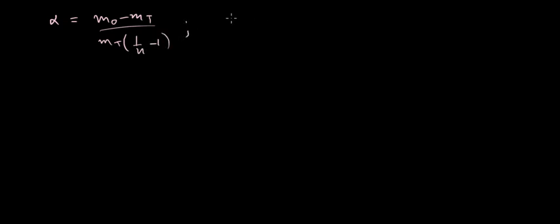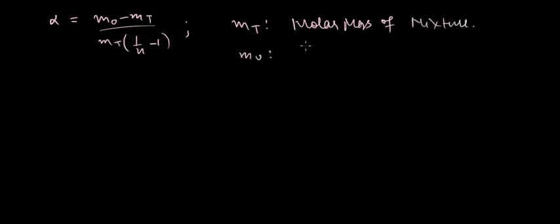Here MT is the molar mass of mixture, M0 is the molar mass of reactant, and alpha is the degree of association.